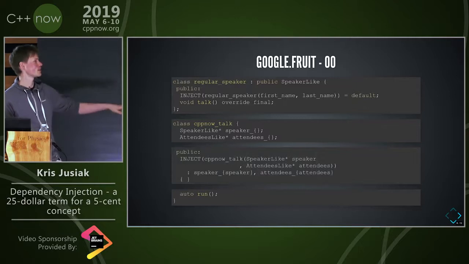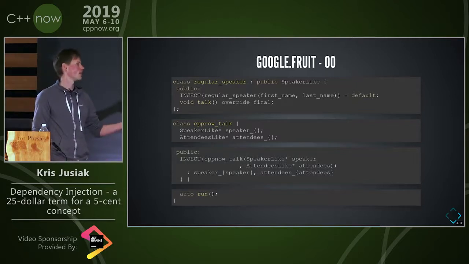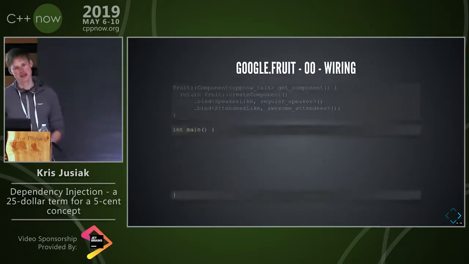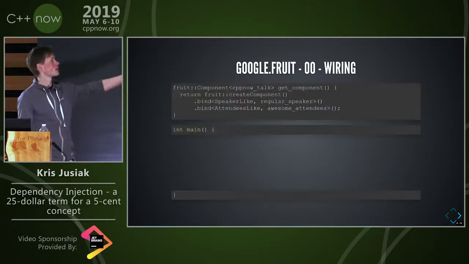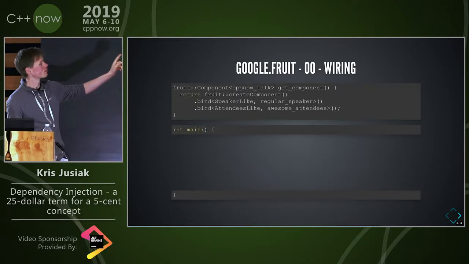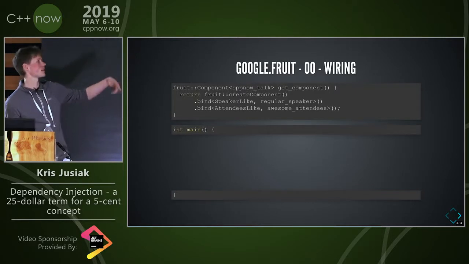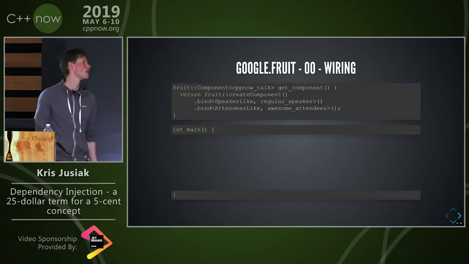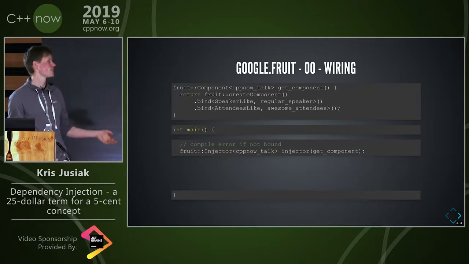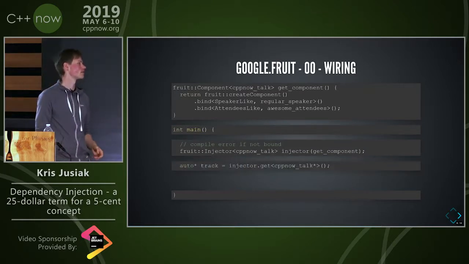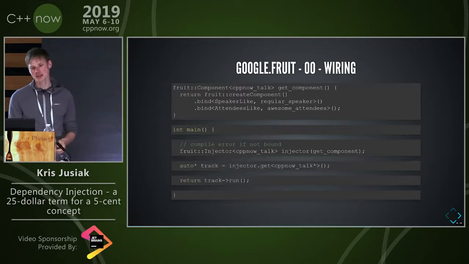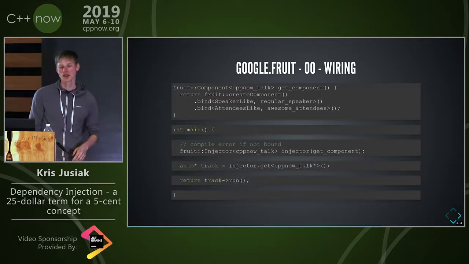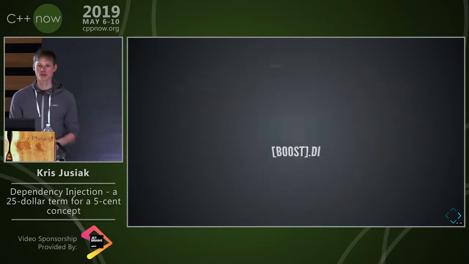And it uses pointers here, and the idea is that we have the macro and everything else is as before. We create the component, bind, again, speaker-like to regular speaker. We create an injector kind of thing, get the talk, and we can run it. So it's very similar to what we have so far.